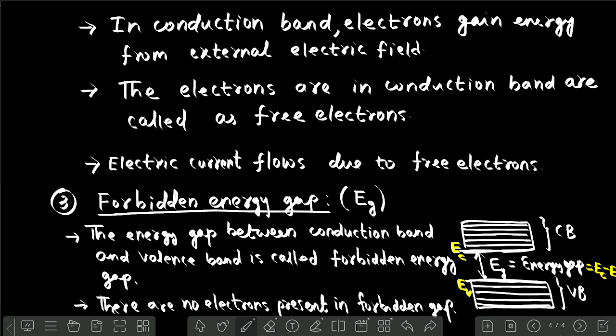So EC minus EV is basically the energy gap. Write: EC minus EV equals Eg.